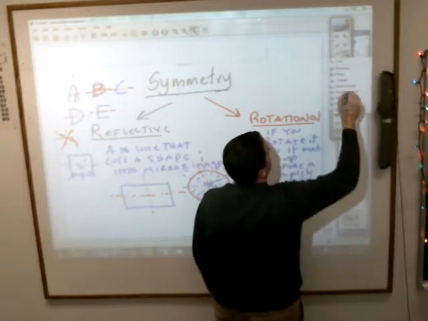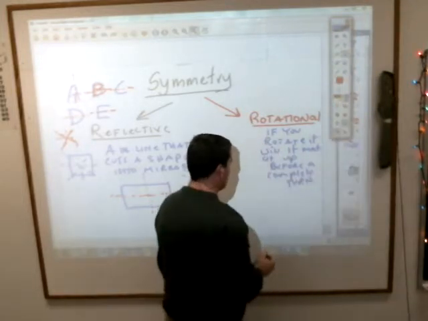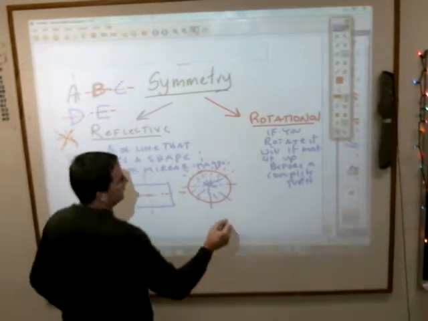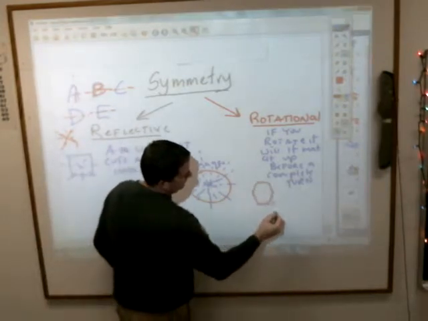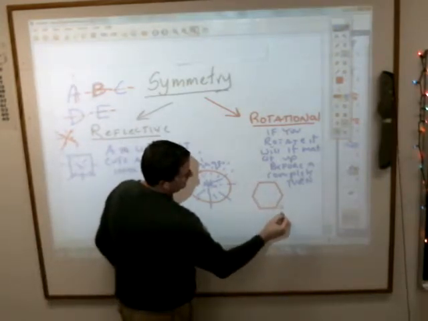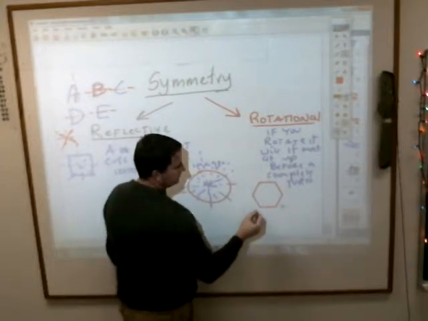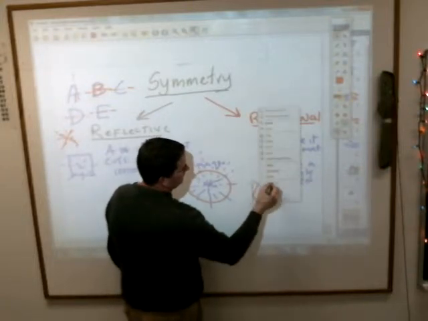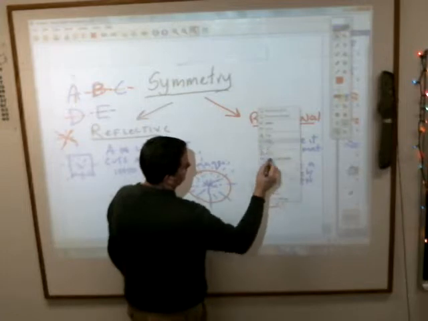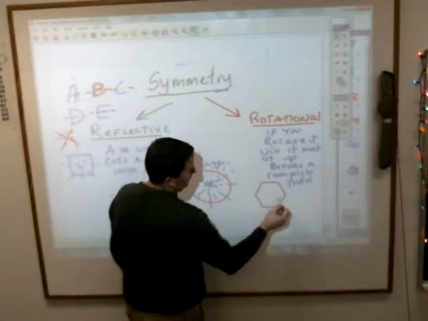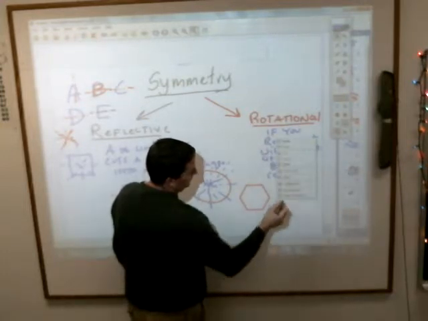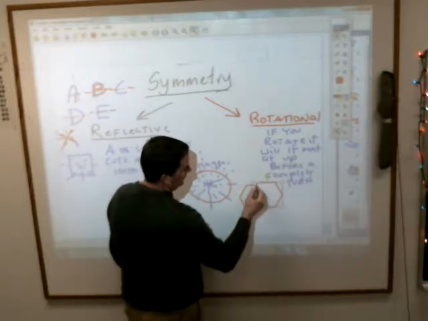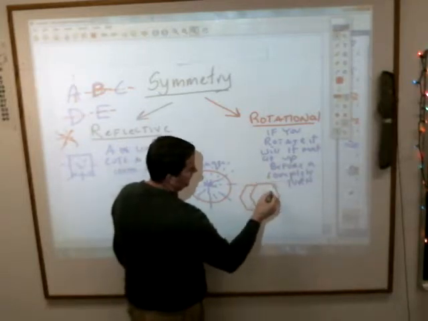Where'd it go? Oh, I could have done star. That means this. If you've got a shape like this, okay, that's my paste. If you've got this shape here, rotational symmetry means this.